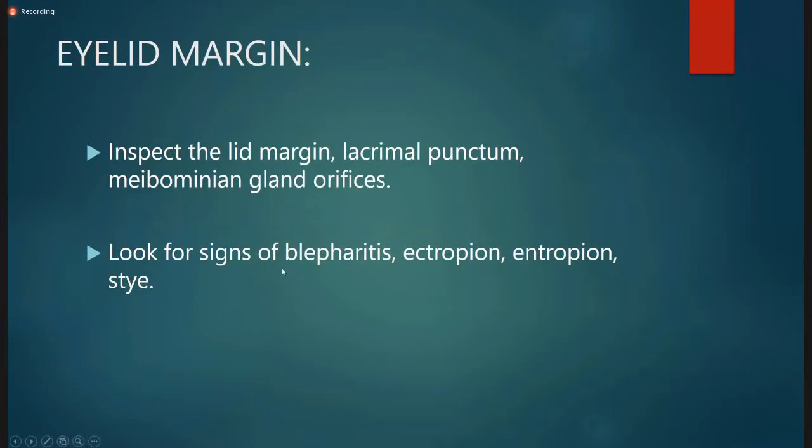What is blepharitis? Inflammation of the lid margin, not the whole lid, is known as blepharitis. It is divided into two parts, anterior blepharitis and posterior blepharitis. And the third one is mixed. When there is inflammation of the anterior part, the skin and muscular layer, that is known as anterior blepharitis.